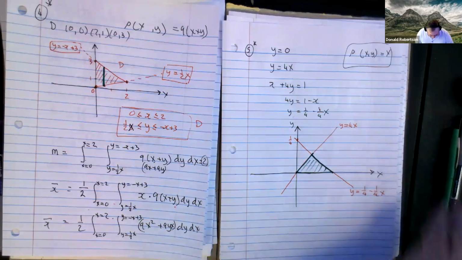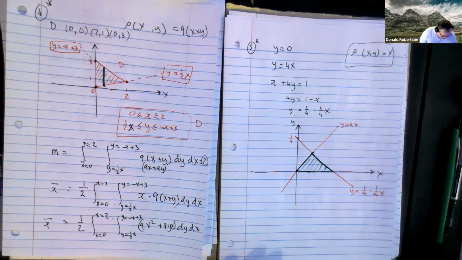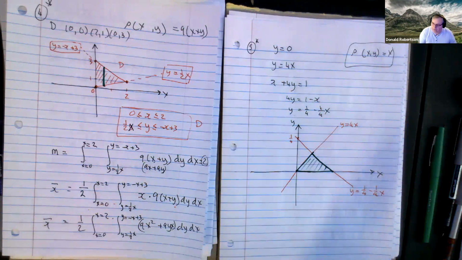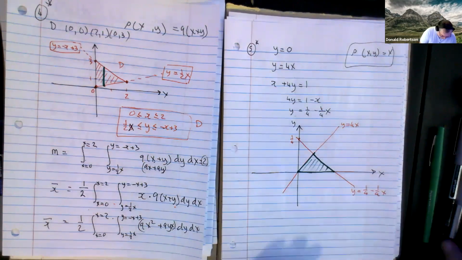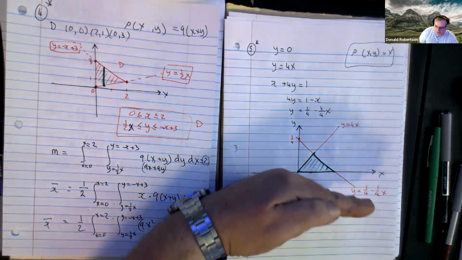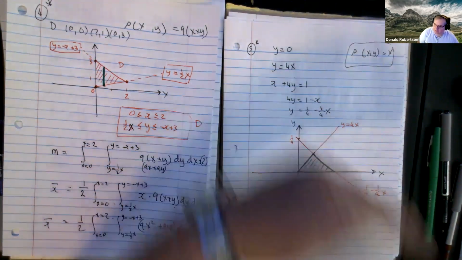So I'm looking at this guy and I want to set it up, using limits of integration for x and y. And I always have two choices. I can do vertical, going this way, or I can do horizontally, going that way.